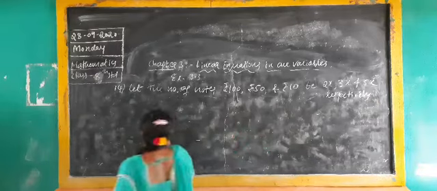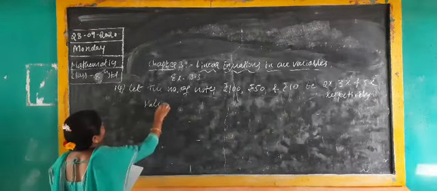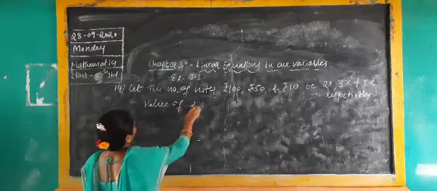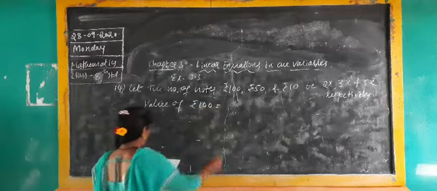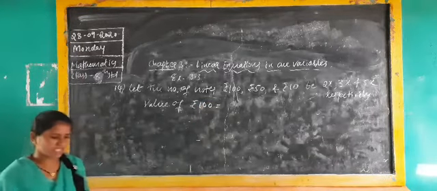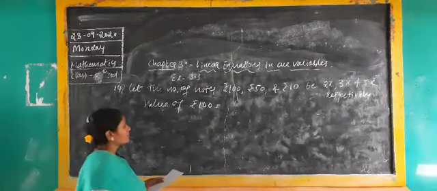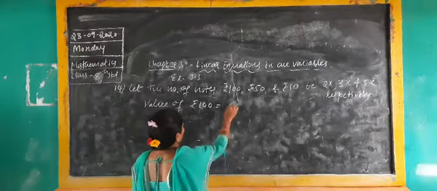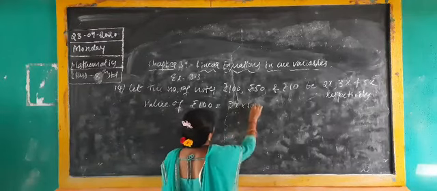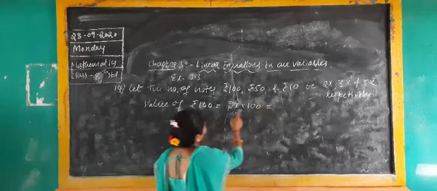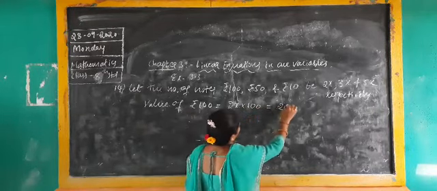Now the value of rupee 100 notes: for 100 you take 2x, for 50 you take 3x, and for 10 you take 5x. So 2x into 100, 100 2s are 200x.